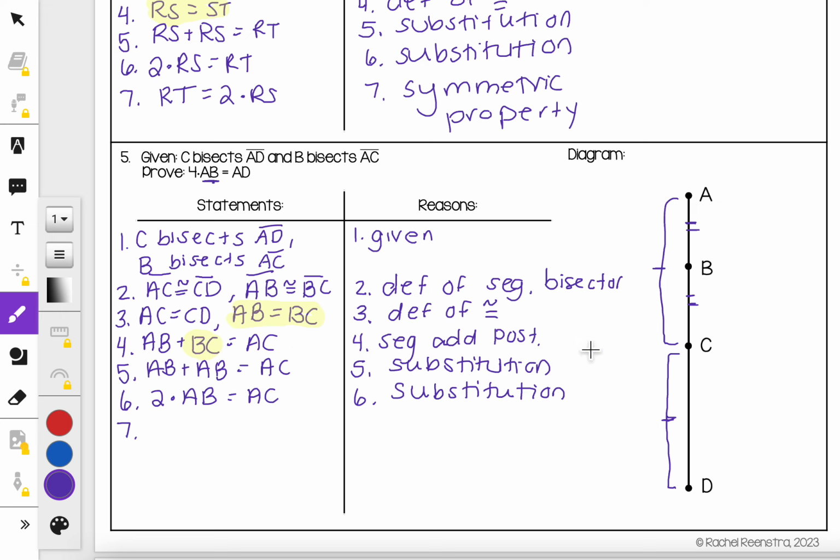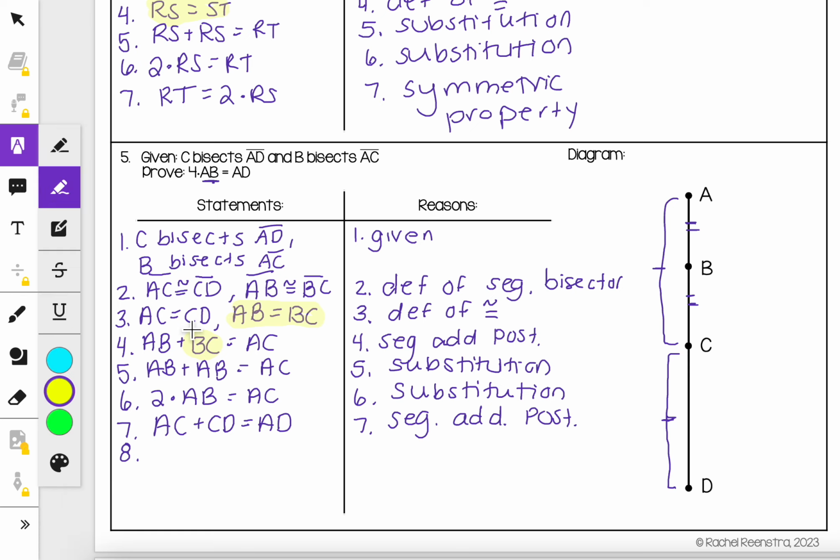Now, I'm going to use my segment addition postulate to say AC plus CD equals AD. So AC plus CD equals AD using the segment addition postulate. And I'm going to use some substitution again. So for step 8, I'm going to go back.